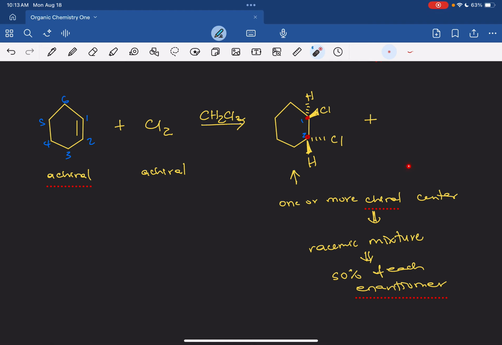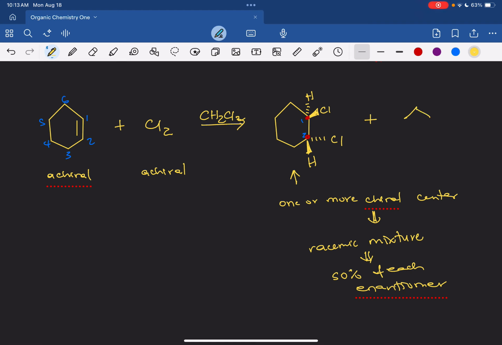To get the second enantiomer, which is formed in a racemic mixture, remember, once I start with achiral starting materials and I generate one or more chiral centers, I automatically will have a racemic mixture. To get the second enantiomer, because my racemic mixture is two enantiomers in 50-50%, all you do is swap the groups at each chiral center. You have to swap the groups at all the chiral centers for it to be an enantiomer. I hope you remember that.